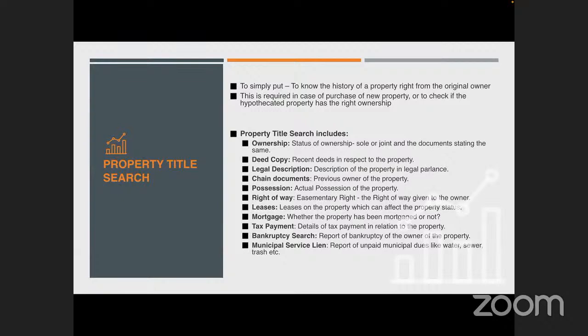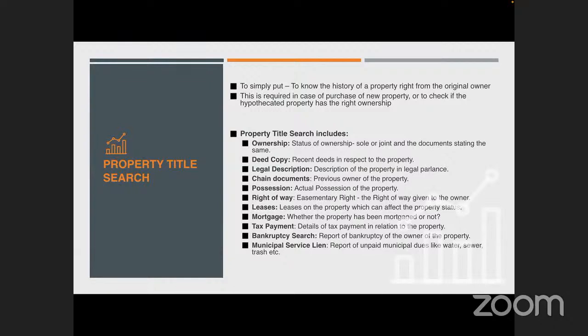Let's assume what's the dimension of that property: to the south, how many meters it is; to the north, how many meters it is. So the right legal description of the property is very important. The chain of ownership: who was the first initial owner who was allotted the property, right up to the current property owner. The entire chain of documents you need to verify.